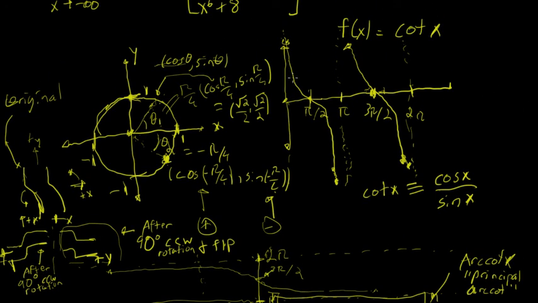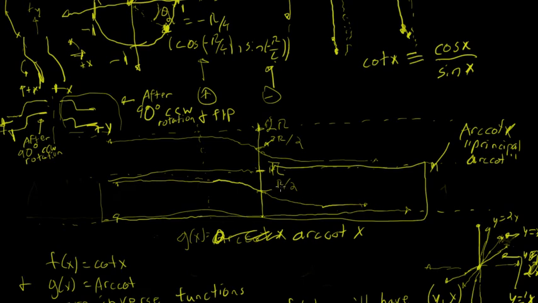So that amounts to asking here, what is the x value for which f of x equals cotangent of x equals the square root of 3?